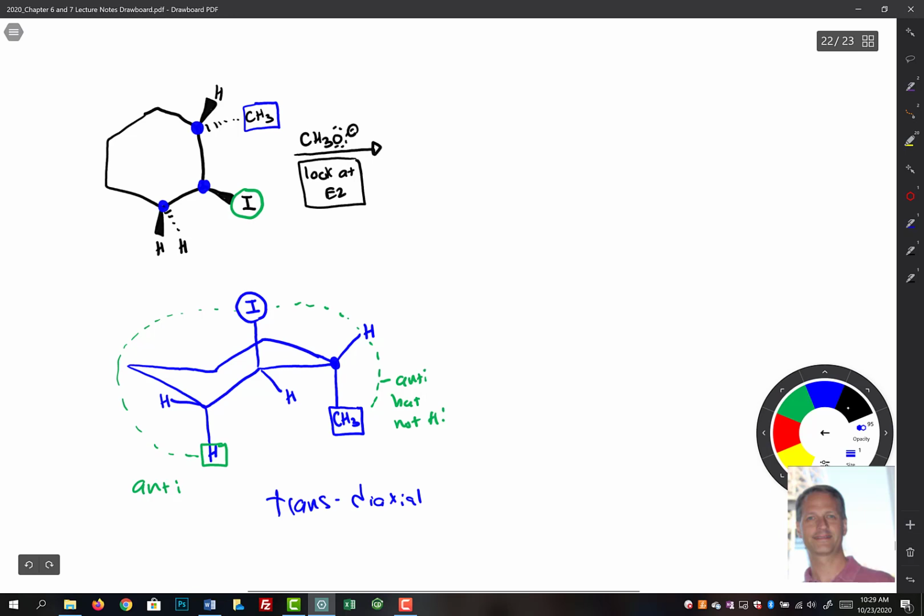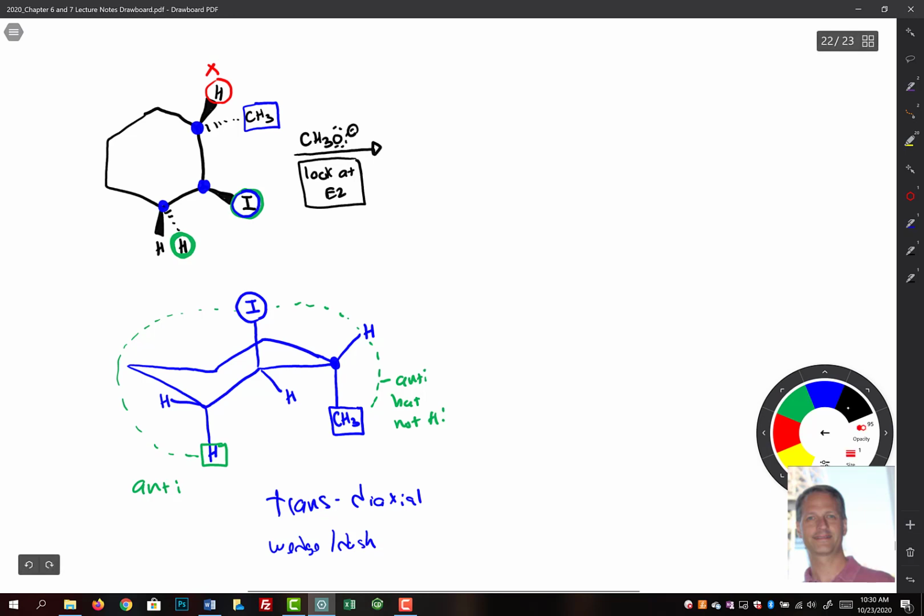And again, this is not that hard because all we're looking for here is a wedge-dash relationship between the leaving group, in this case the iodo group, and the H. So because this is over here on a wedge, we can't lose that H. So in this case, the only H that's left is this guy. That's the only one that has the potential to undergo an E2.